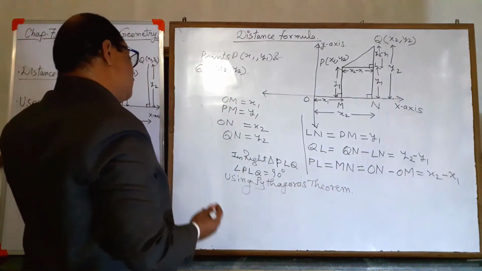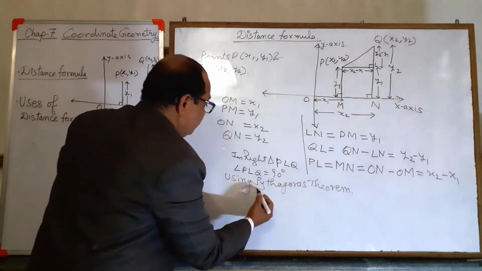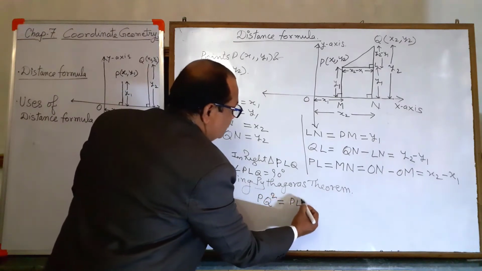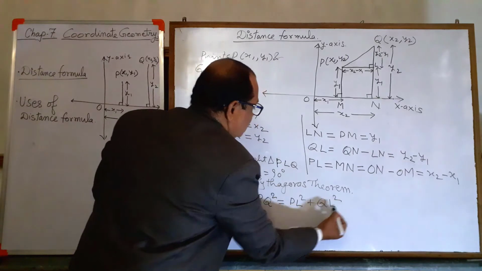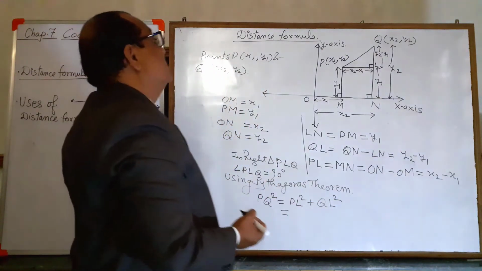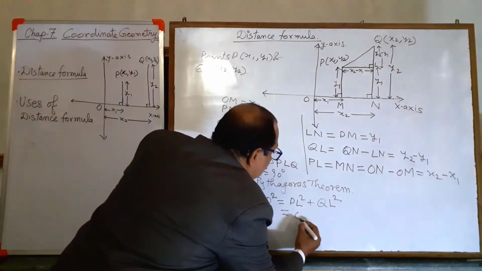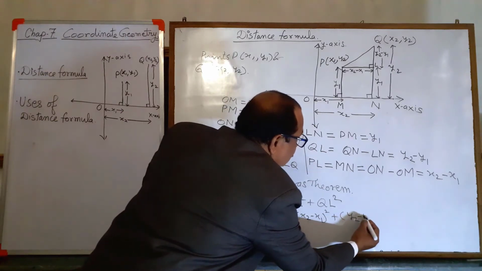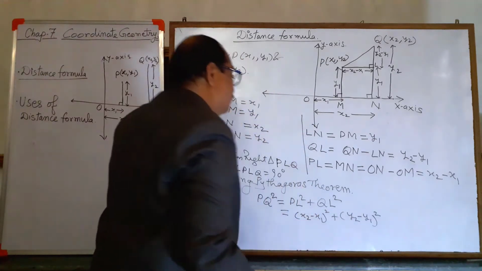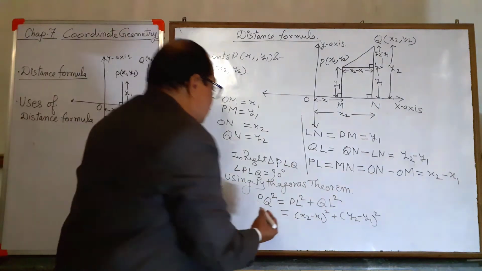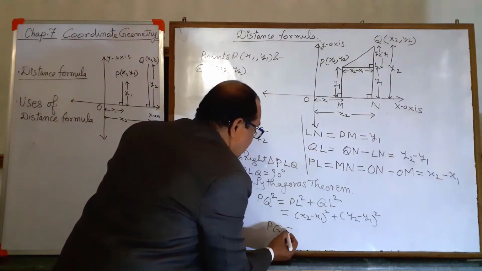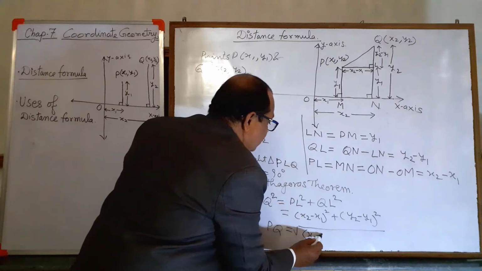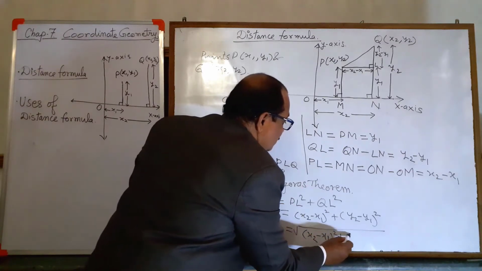And after applying this theorem, first we can write PQ square is equal to PL square plus QL square. Both distances are known. PL is x2 minus x1 whole square, and this one is y2 minus y1 whole square. In this way you can find the value of PQ by taking square root. So ultimately you will get the distance formula.